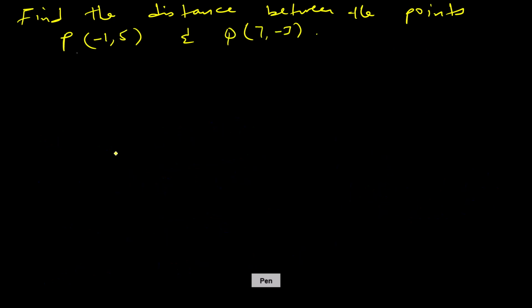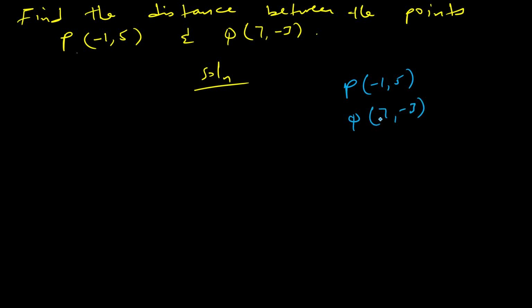All right, let's find the distance between the points P (negative 1, 5) and Q (7, negative 3).